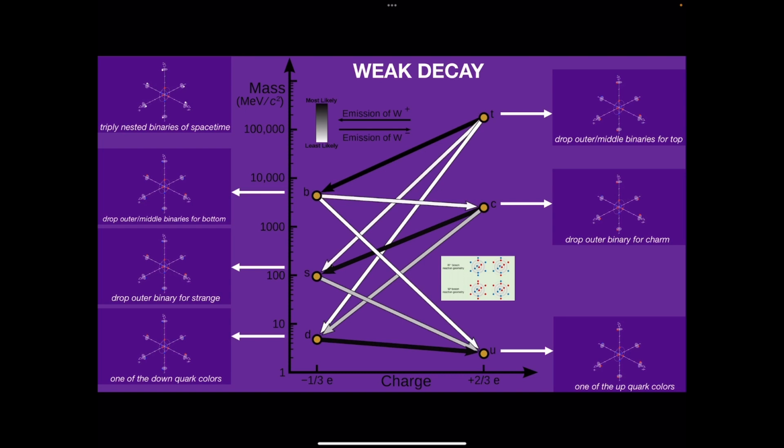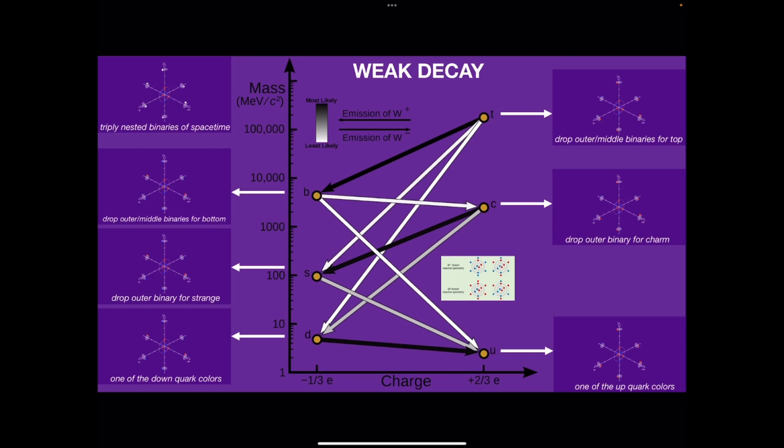When you just have triple binaries that are extremely, extremely, extremely high energy, those are what makes space-time, or you might think of it as the Higgs particles or something like that.